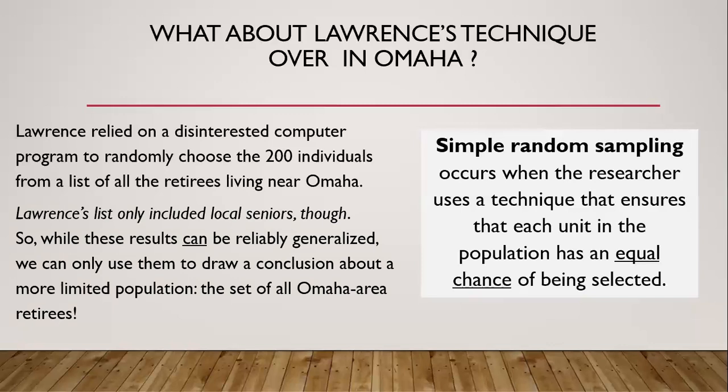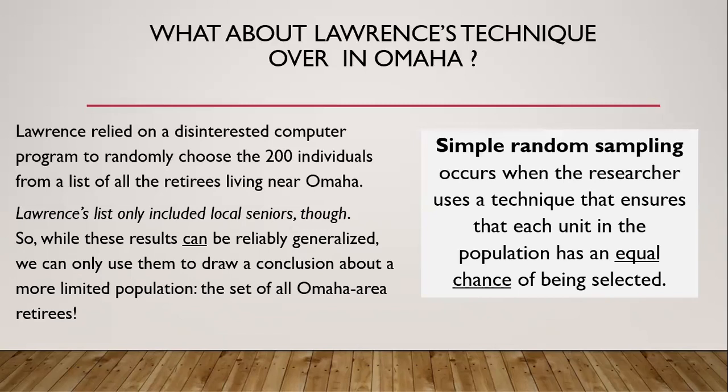Because Lawrence used the computer program to choose which 200 of the Omaha area seniors would be included, it is true that every unit in the population of Omaha area retirees had equal chances of being selected. But we can't generalize to a bigger population that's larger than that.